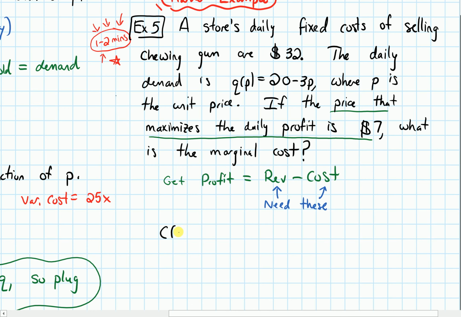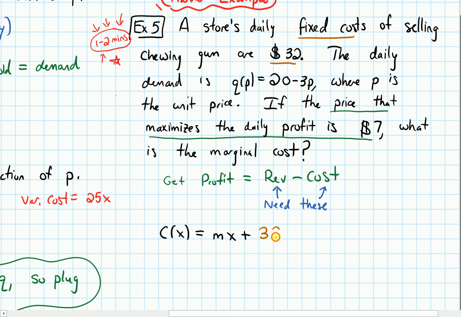So let's write cost as a function of quantity, as a function of x. For cost, we don't know what the marginal cost is, so I'll just call that m, and we'll have mx plus, and then we usually write our y-intercept. And the y-intercept represents the fixed cost. The fixed cost here is given to us. It tells us the fixed costs are $32.